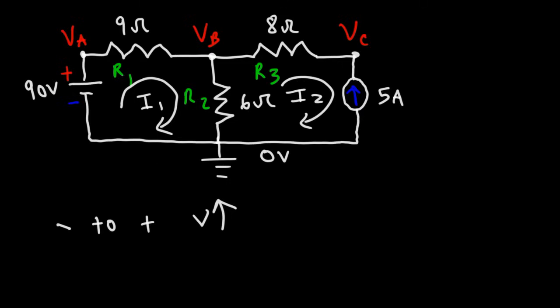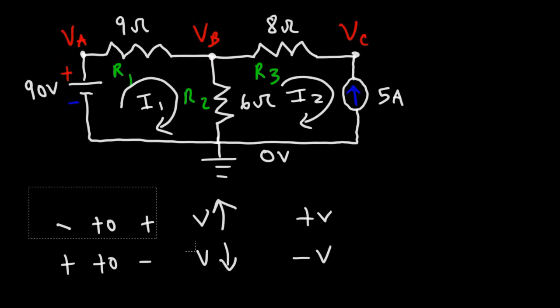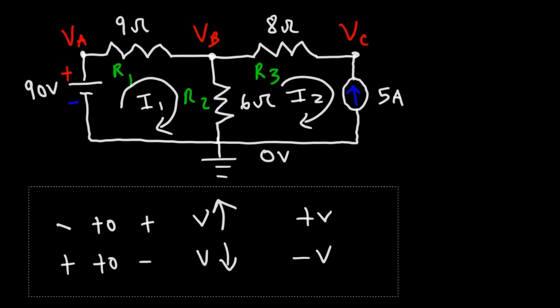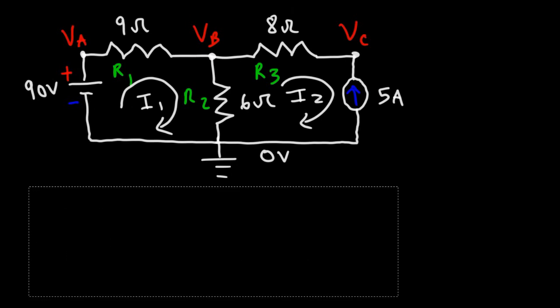So this is a voltage rise. So you're going to use a positive V value. If you travel, let's say through an element, going from the positive sign to the negative sign, the electric potential is decreasing. So you need to use a negative V sign. So feel free to write that down in your notes somewhere because we're going to use that often.